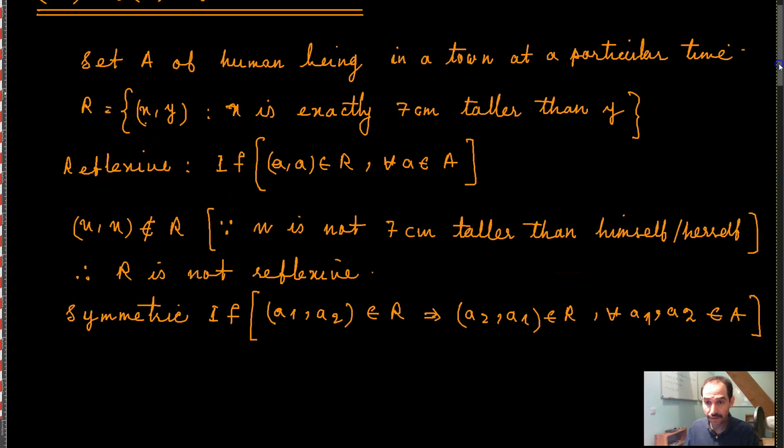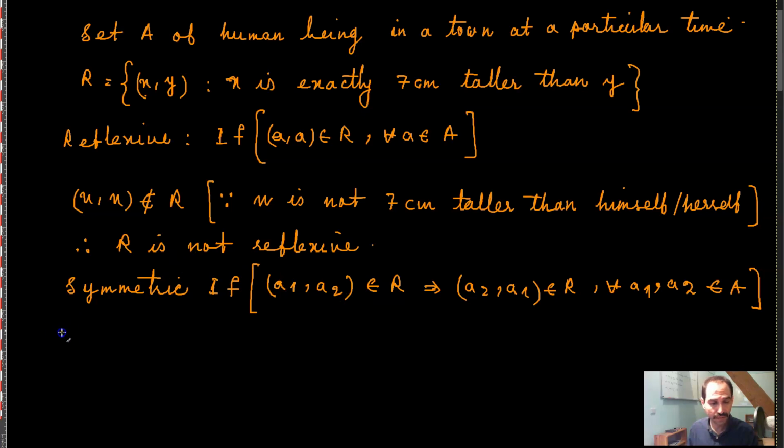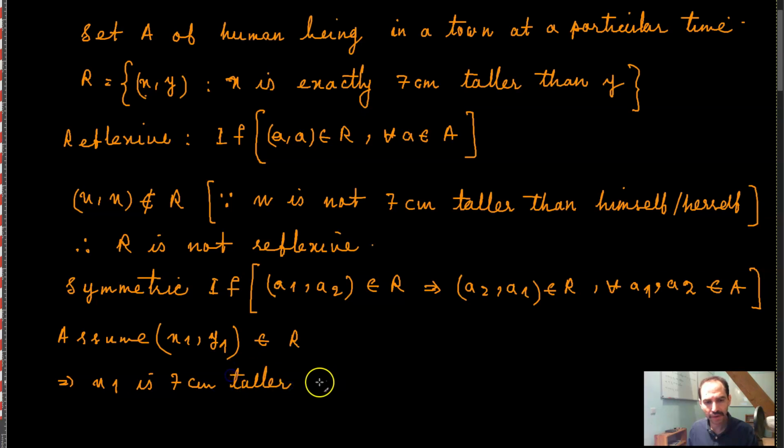Now let's assume that some (x1, y1) belongs to R, which means that x1 is exactly 7 centimeters taller than y1, right?